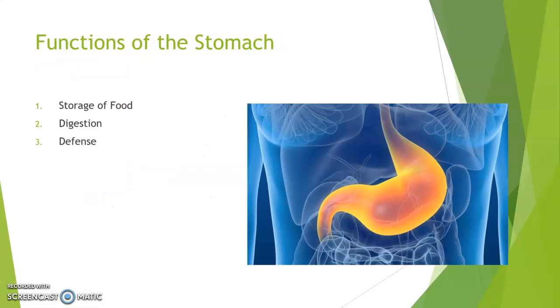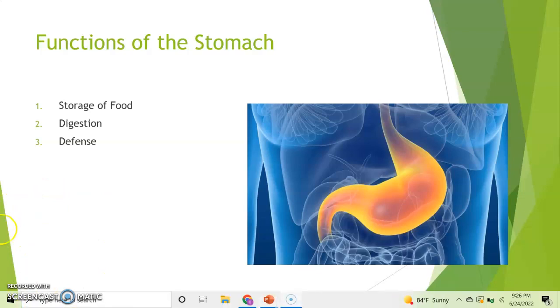All right, so there are three main functions of the stomach, and I have them listed here. That's storage of food, digestion, and defense. So the stomach stores food. This is where it regulates the passage into the small intestine.